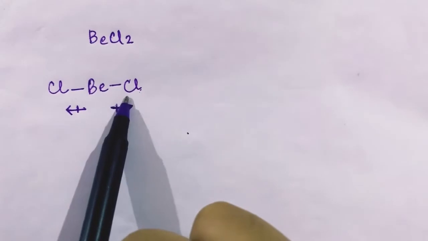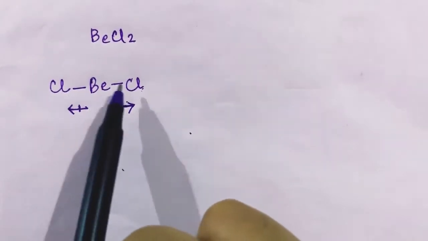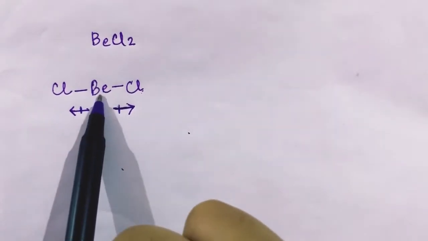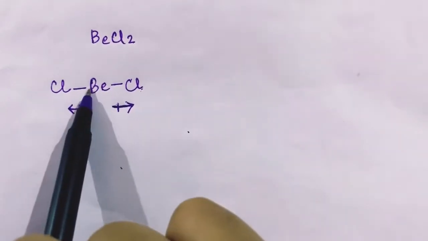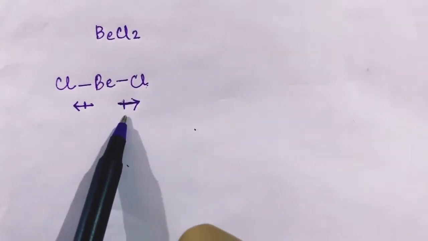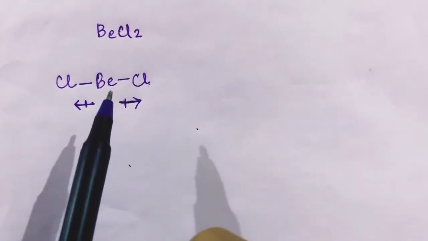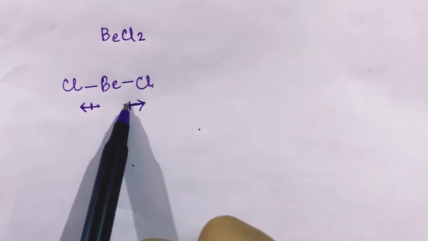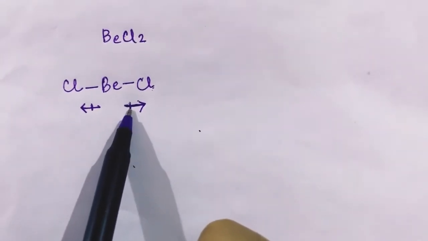So, the direction of the dipole moment for both the atoms is from the beryllium towards the chlorine in both directions, and this is the way we represent dipole moment, which is an arrow with a cross at the back side.